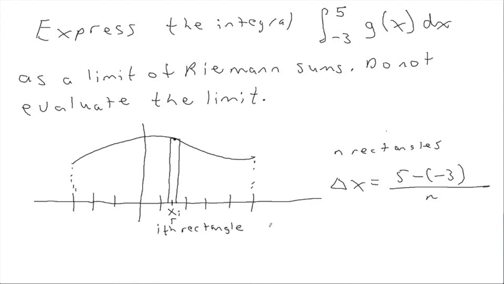We can plug xi into the function if we're given one. Good. That's right. So what would be our name for the height of the ith rectangle? G of x. Good, except g of x wouldn't be specific. In this case, the height would be g of xi. Right.